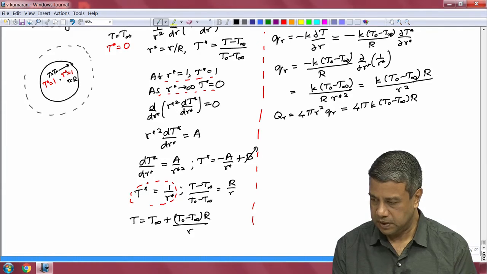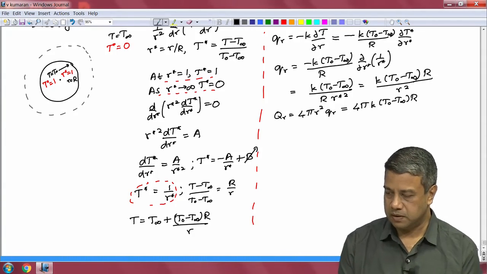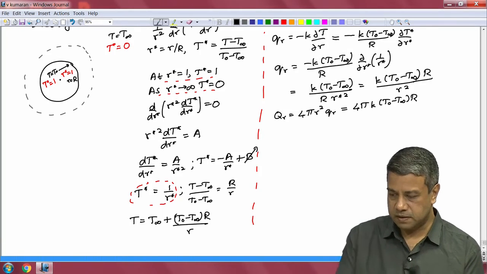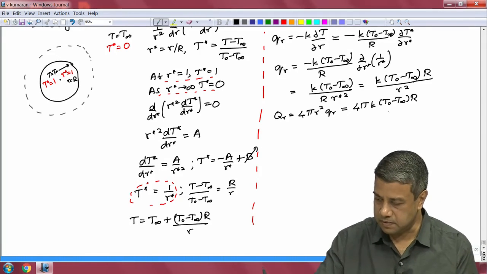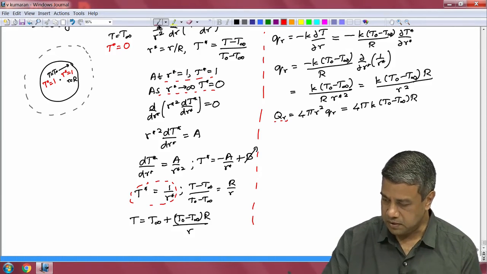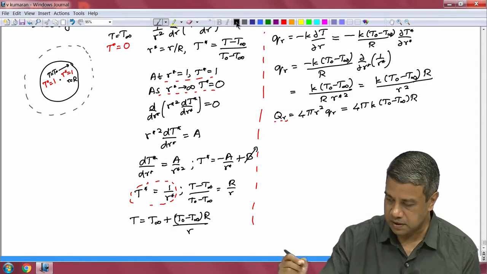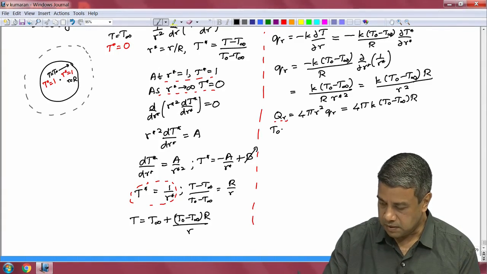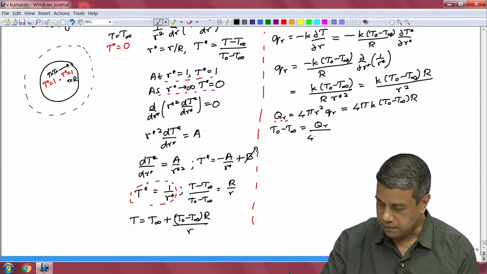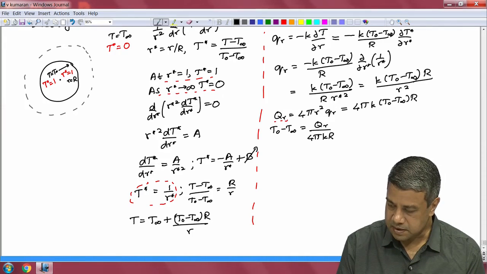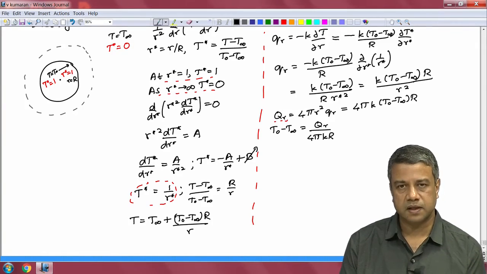Now I use this relation to express the difference in temperature in terms of the heat transfer rate, that is T naught minus T infinity is equal to Q by 4 pi k R. I express the temperature difference in terms of the heat transfer rate.